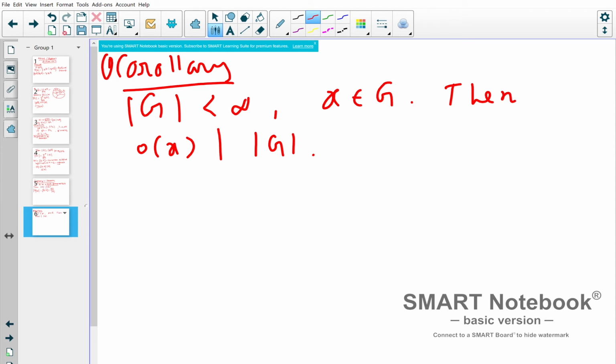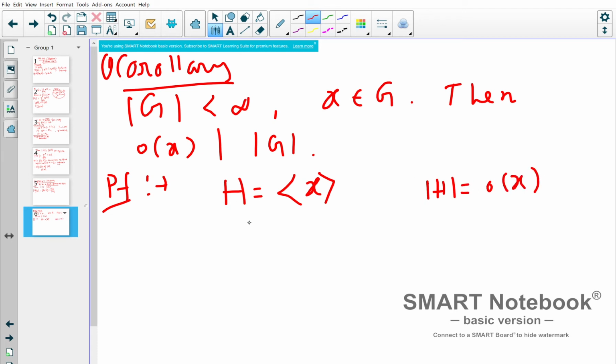And now this is obvious from Lagrange's theorem, because you start with the group H, which is generated by x. That means H is a subgroup generated by a single element, so H is a cyclic subgroup of G. And we already proved that the order of H is nothing but the order of x.